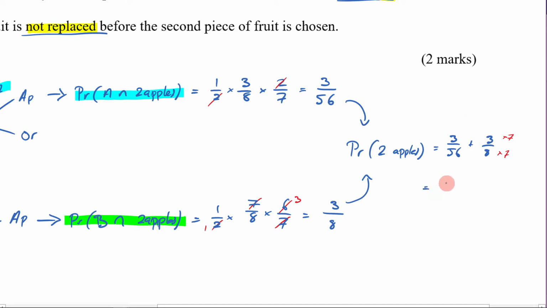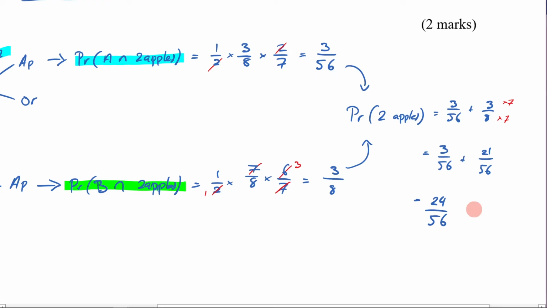I'm going to get 3 on 56 plus 21 on 56, which is 24 on 56. Then you have to ask yourself, can 24 and 56 be simplified? It can be simplified here, and it's going to end up being 3 on 7.